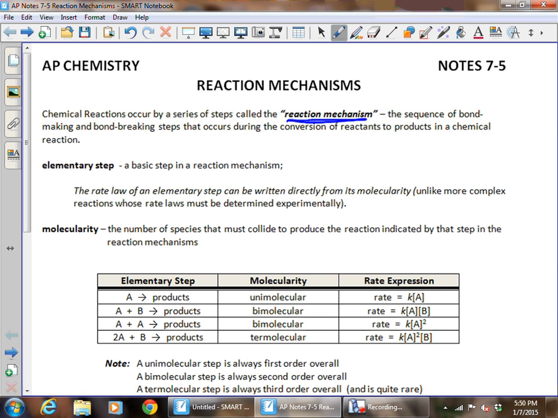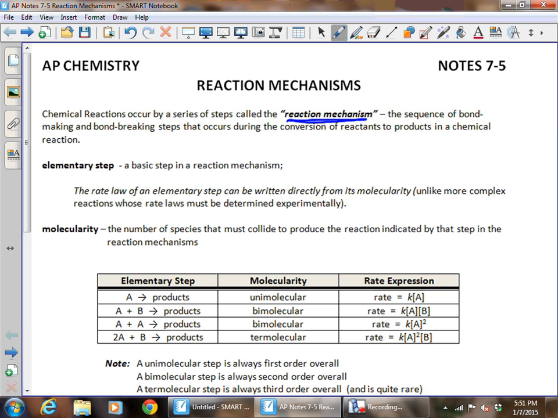Now, some people spend their lives trying to determine what the reaction mechanism is for a single reaction, because we can't actually see the molecules and what they're doing. But think about it.